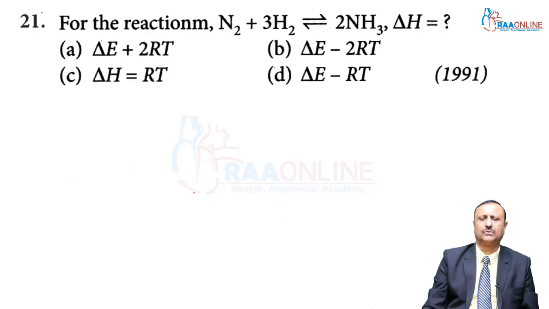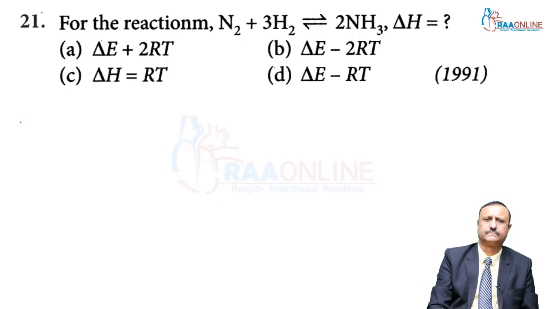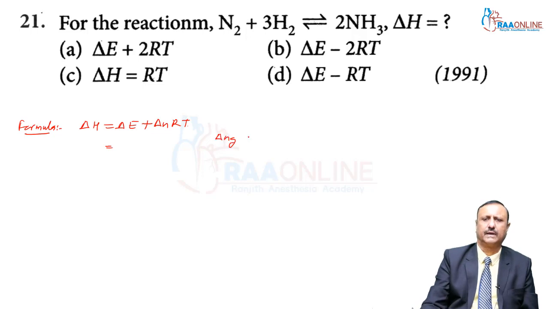Now, we can go to question number 21. For the reaction N2 plus H2 to give 2 NH3, delta H. Here we can use the formula. What is the formula? Delta H is equal to delta E plus delta n RT. In this formula, delta Ng is equal to Np minus Nr.